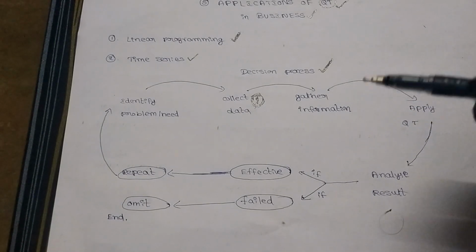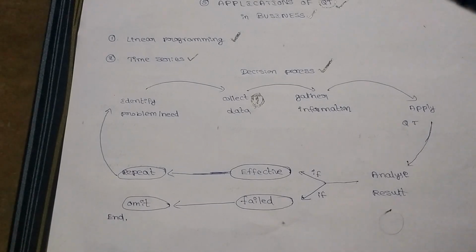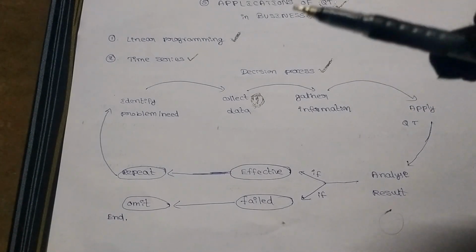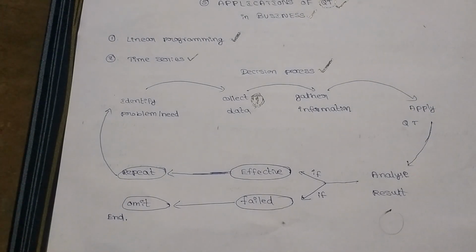Why? Because a business organization invests a lot of money in order to make the profits. Even if a small mistake that the business organization does, it means a lot of loss. So that's why the business organization should be very careful before taking any decision.